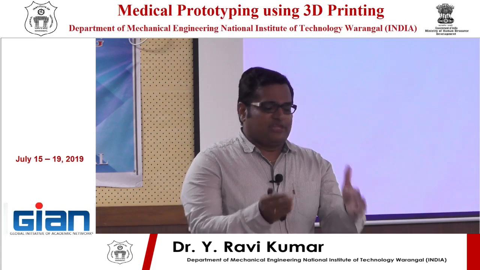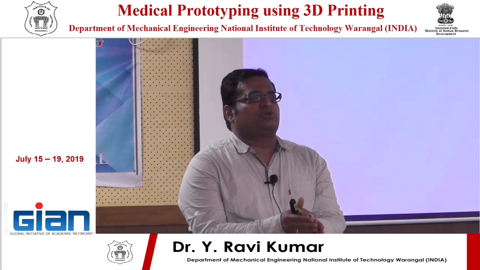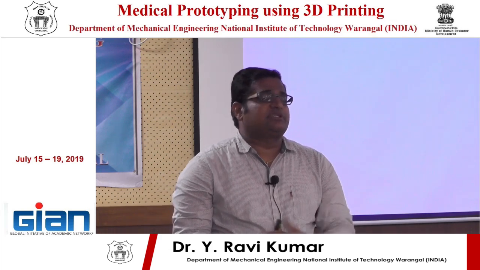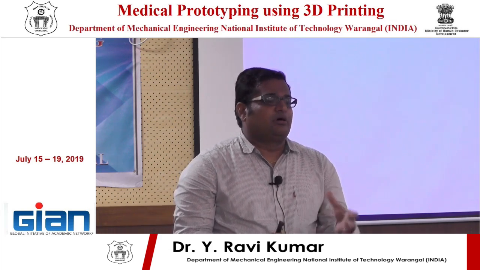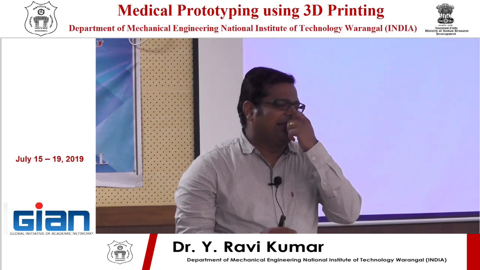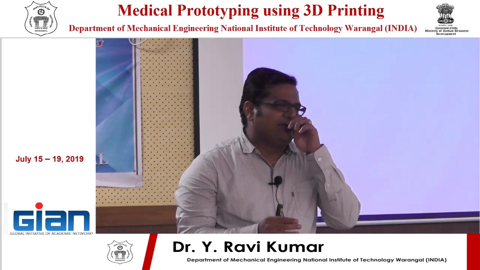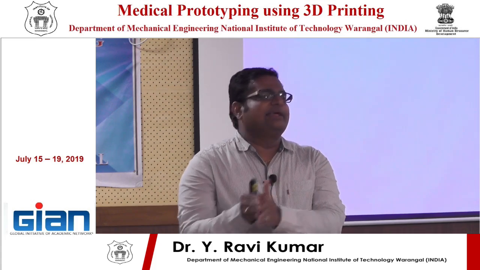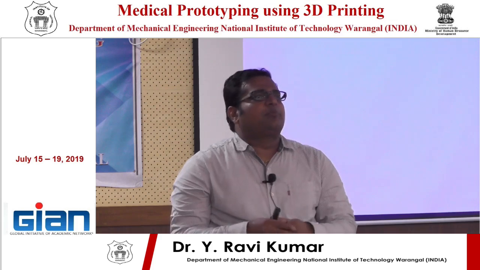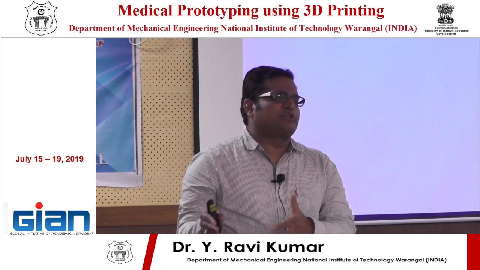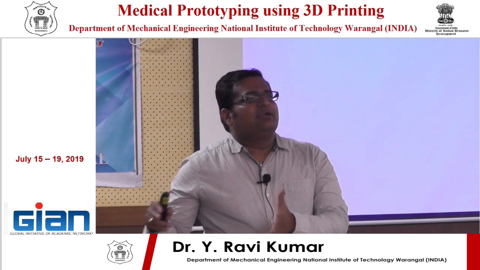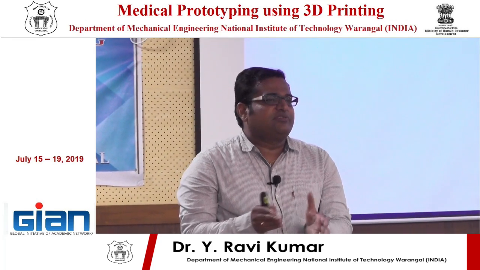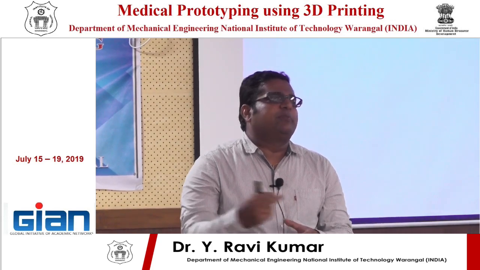So without giving much radiation dose, how can you optimize the accuracy and the volumetric errors in three dimensions, and how they are affected at the CT acquisition stage itself, in CT reconstruction, in processing in medical image processing software, and further in the AM machine or any AM software, where we can further improve the parameters.